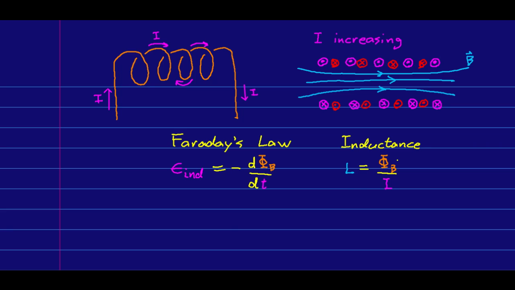Note that the inductance is defined as flux per unit current, or in other words, we can say that the flux is just the inductance times the current, which I can put into Faraday's law. But the inductance is just a constant.